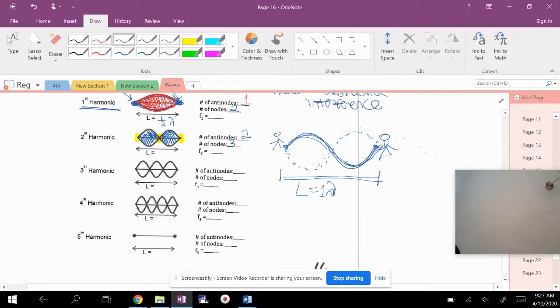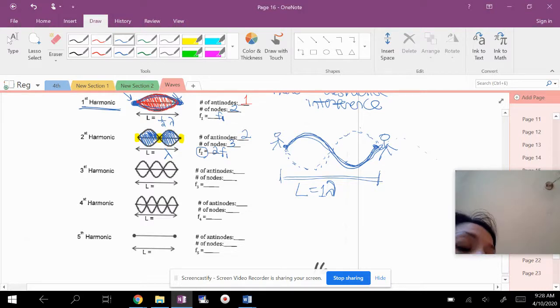So I'm just going to write wavelength like that. If this frequency was some frequency, I'm just going to call it F1, and we knew what that frequency is, F2 would be 2 times F1.